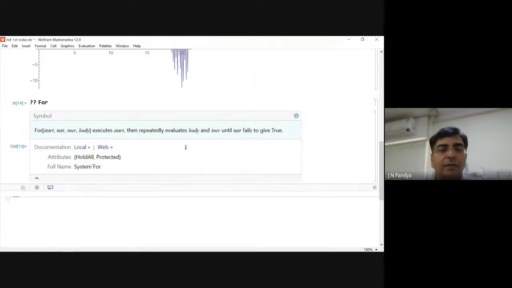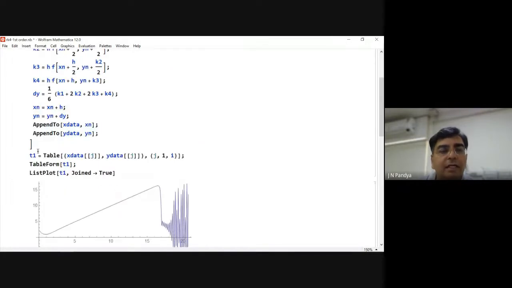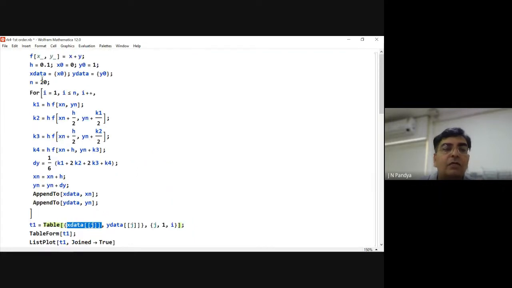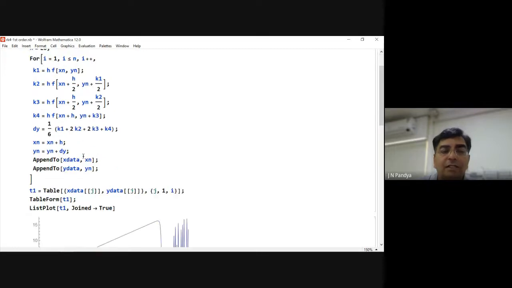So what is happening here? You are writing a table here. And how do you want to make a table? You want that X data J, that means jth element in X data. How many elements are there right now? We have got 21 elements, because this will go up to 20 and this will be one more. So there will be 21 elements and this will be going up to this many things. Okay. And obviously here we have chosen I. That means up to how many iterations did we go?